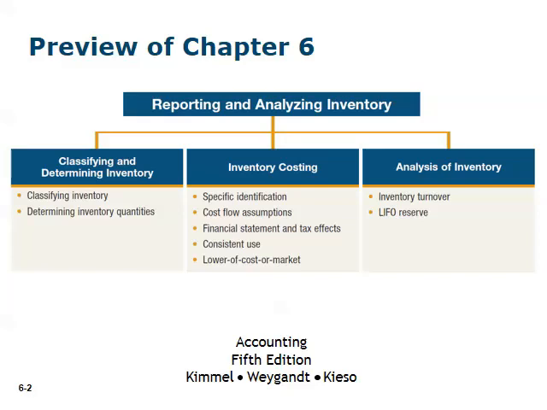So we'll be talking about three different broad categories: classifying and determining inventory, that is, how do we figure out what type of inventory it is, and how do we determine what quantities we have; how to cost it, that is, what value do we put on it; and again, how do we analyze inventory.